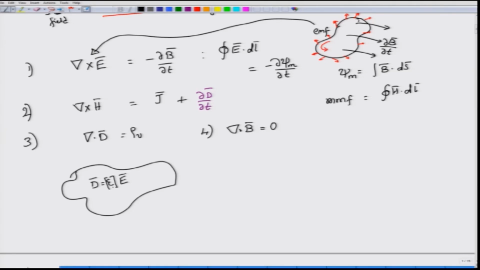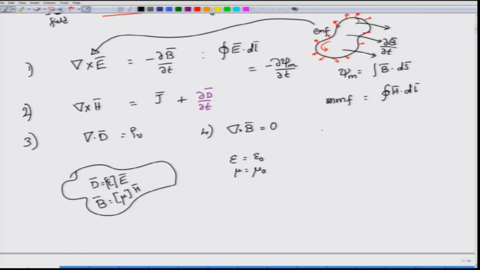These parameters are the permittivity epsilon and permeability mu, which relate D inside a material medium to electric field E, and B inside a material medium to field H. In free space, of course, epsilon is equal to epsilon 0 and mu is equal to mu 0. These are known as free space permittivity and free space permeability.